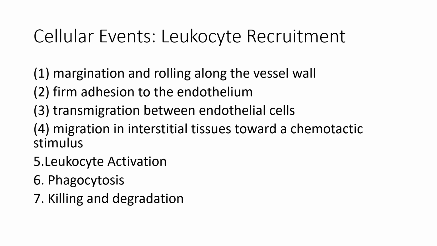After that, there will be migration of the leukocytes through the interstitial tissue, and this process is called chemotaxis and is mediated by many chemotactic stimuli. After that, the fifth event is called leukocyte activation, followed by phagocytosis of the particle, and this is followed by killing and degradation of the particle.